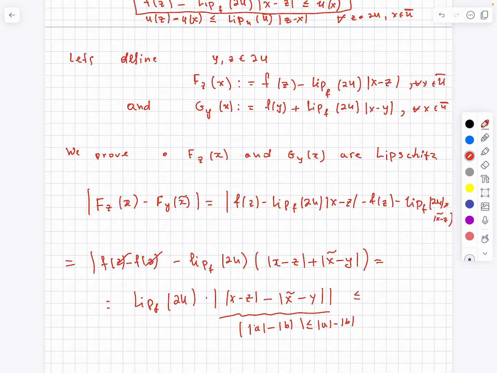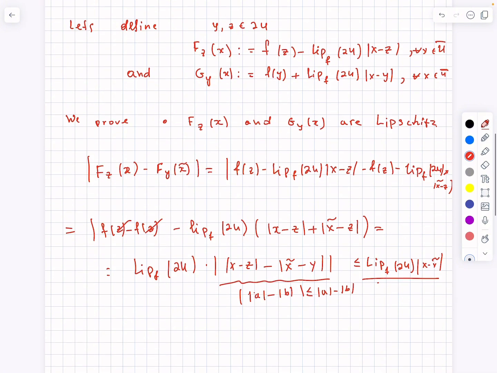Therefore, this is less or equal than Lip(f, ∂U) |x - x'|. So this is the definition of Lipschitz.